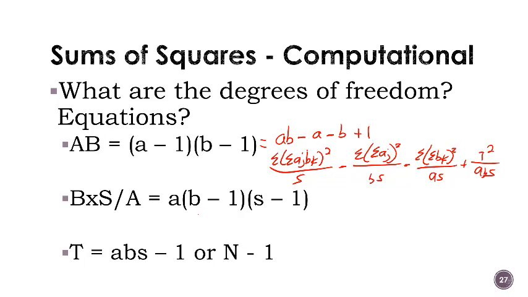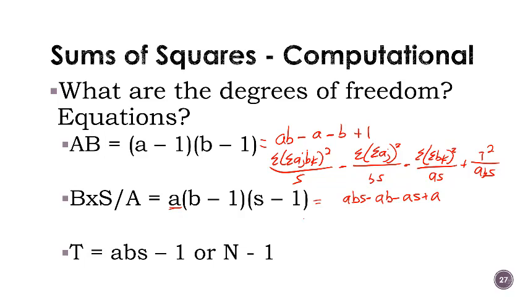Here we've got to expand the B minus 1, S minus 1 part in the same way. So that becomes BS minus B minus S plus 1. And when we distribute the A out, it becomes ABS minus AB minus AS. And instead of plus 1, it's now plus A. So ABS becomes the sum of y squared.